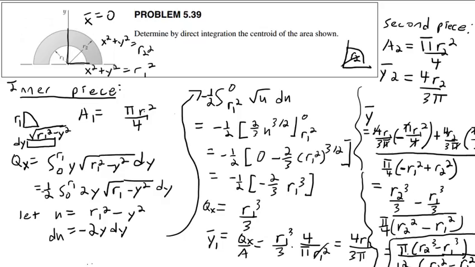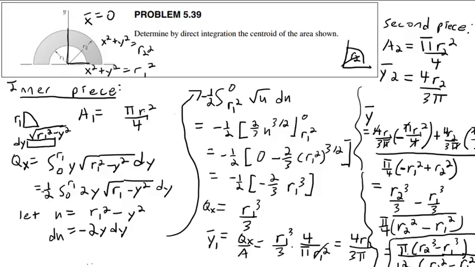My general sequence of steps for these is I first take a look at the problem and look ahead, see how it's going to work out. The first thing I do is find my area by integrating, usually with respect to x or y. Then I find my Qx by integrating.